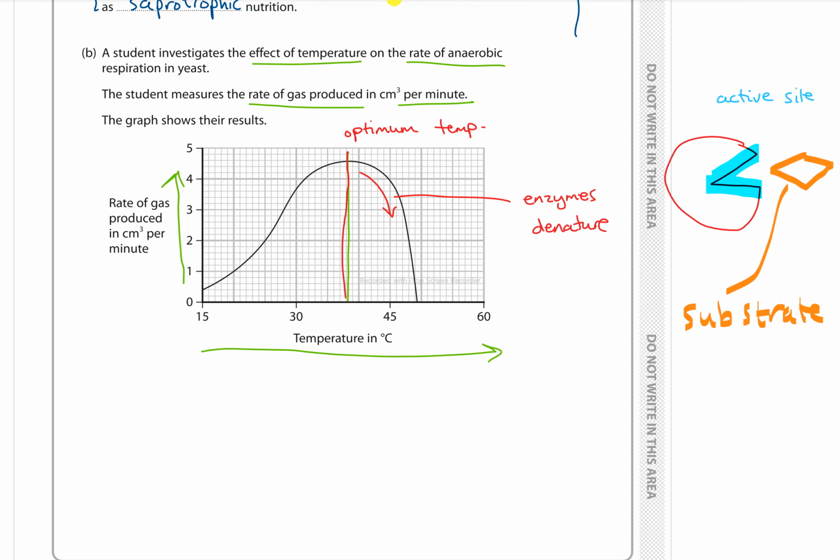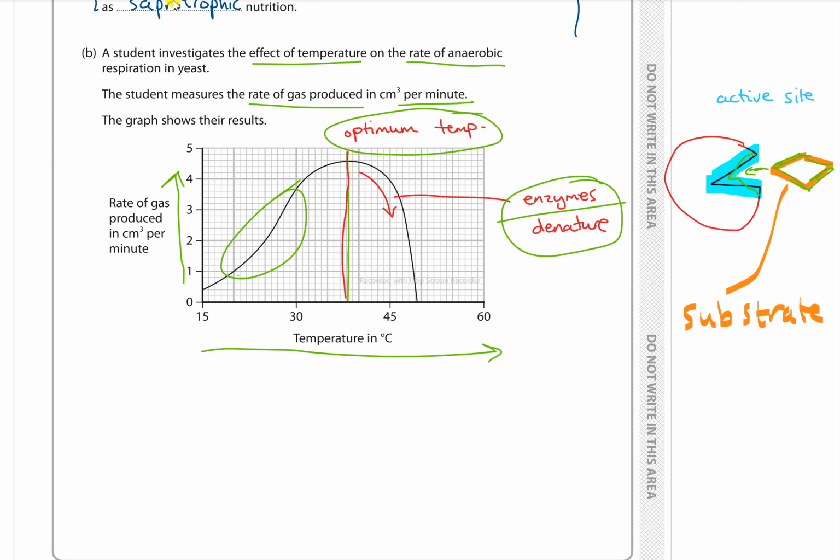Now, if I use too high a temperature, the active site changes. So now the substrate won't fit, or it won't fit properly, so it takes longer for the reaction to take place. So you've got to know, optimum temperature, enzymes denature.